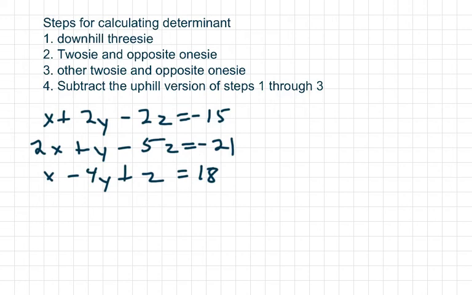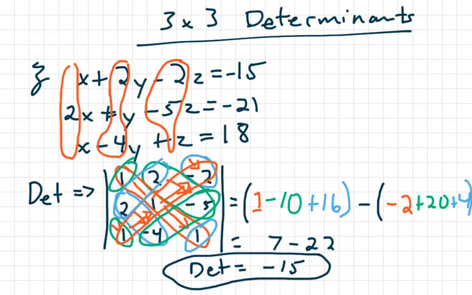Okay, as you can see, the steps here for calculating a determinant are going to sound pretty funny, and you'll never see them anywhere like this again, but I hope by the end of it they are pretty straightforward and make sense. So the downhill 3Z, the 2Z and opposite 1Z, and then the other 2Z and opposite 1Z, and then we're going to subtract the uphill version of steps 1 through 3. So if you look back a page, that's exactly what we did. We went downhill, right?